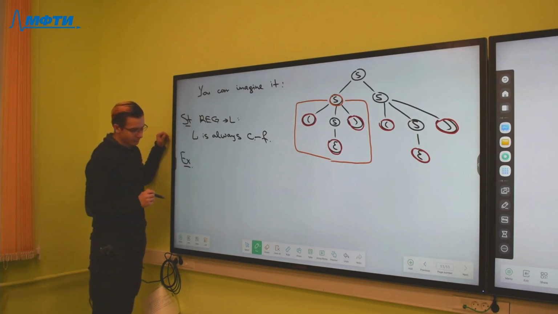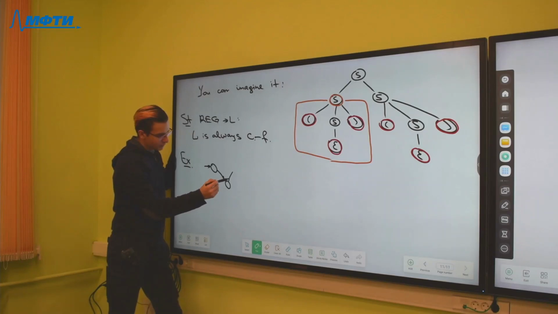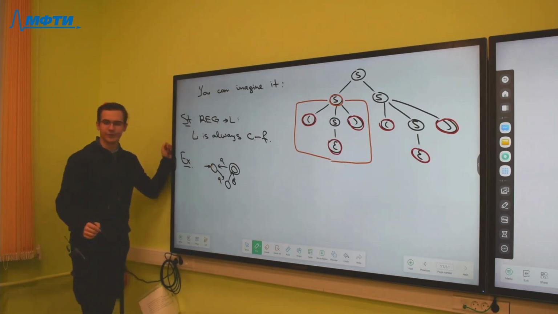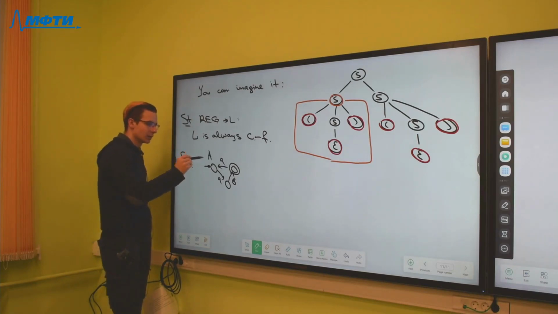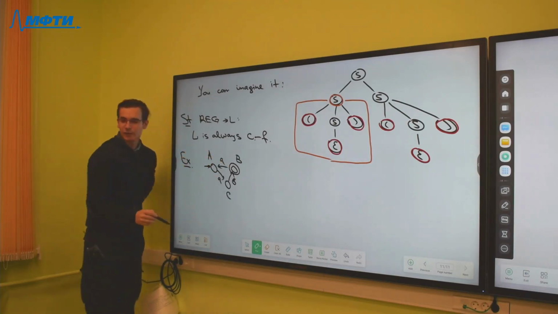And of course, it is very understandable because, for example, if we have a deterministic finite automaton, for example, this, yeah? We can say that each state is equal to a non-terminal character.